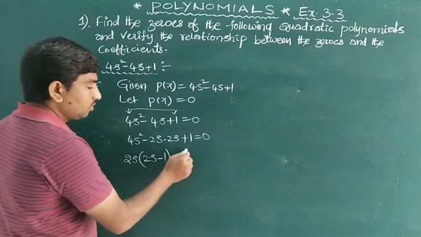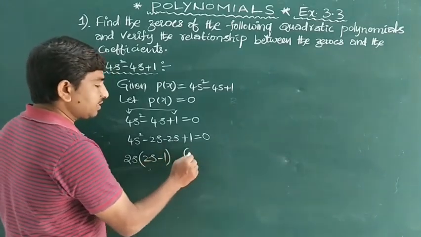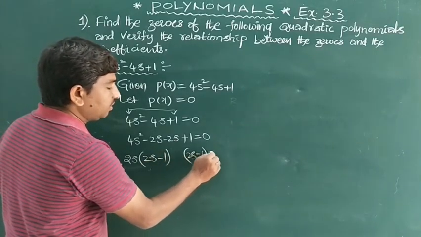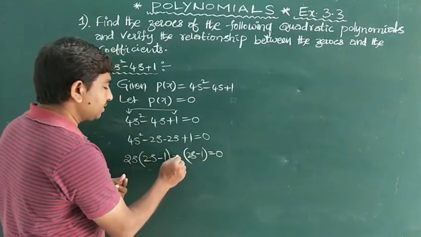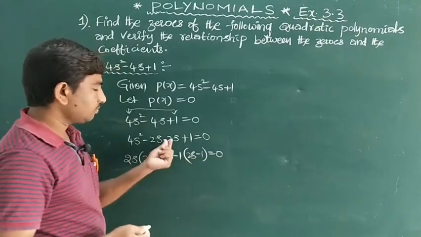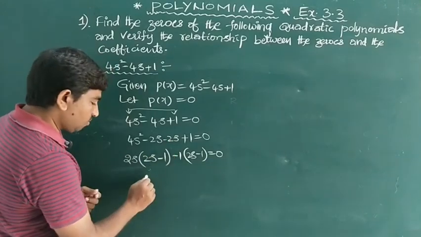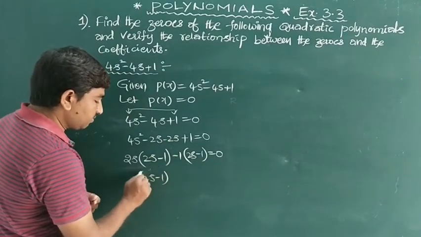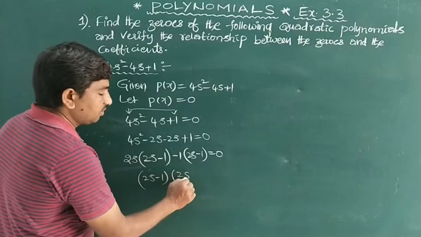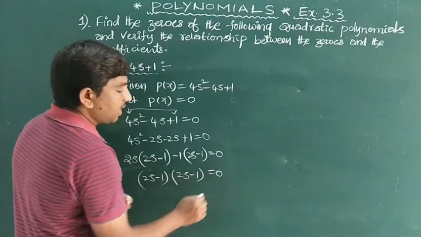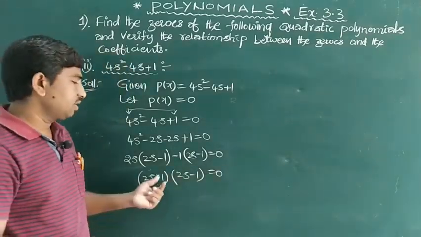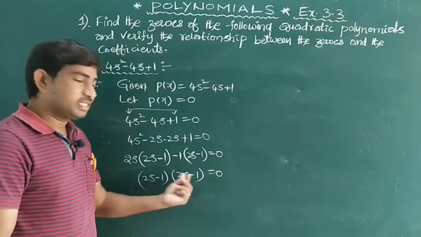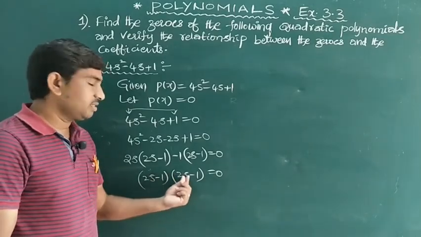To get 2s minus 1 as the other factor, we need to consider minus 1. So now what are the factors? 2s minus 1 into 2s minus 1. These two are the factors. If you observe, these are two same factors.